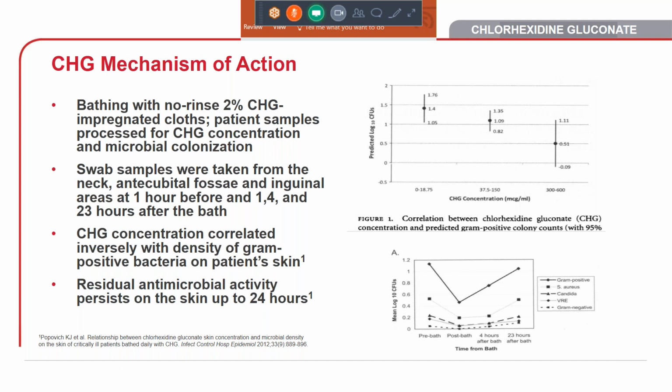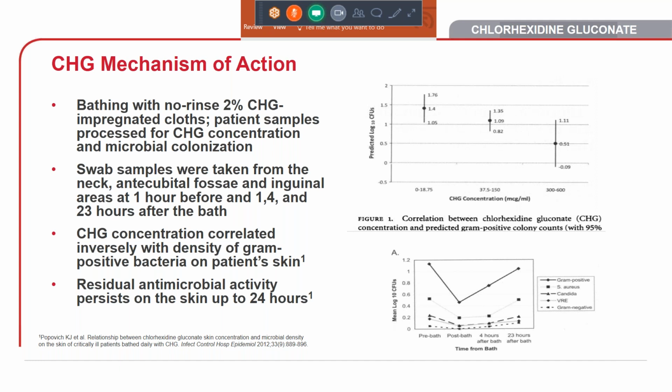And this has become widely used. They actually assessed various parts of the body, the neck, the antecubital fossa, and the inguinal areas at 1 hour before and 1, 4, and 23 hours after the bath.